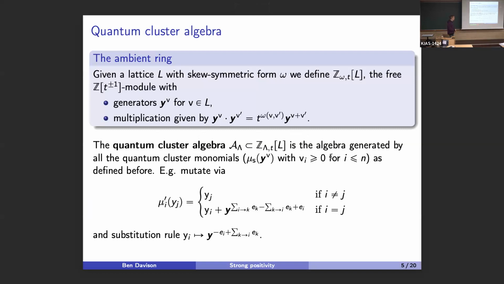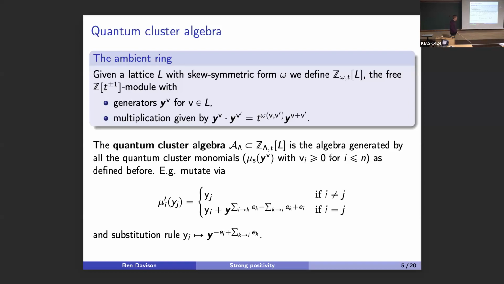Okay, so the rules are exactly the same as before. It's just that the ambient ring that I'm performing those rules in is a little bit non-commutative. So in this case, when you write these rules, y to the power of some sum, the order is important. Like I said earlier, I'm presenting things in a slightly odd way, and I'm doing that so that I don't have to talk about orders.